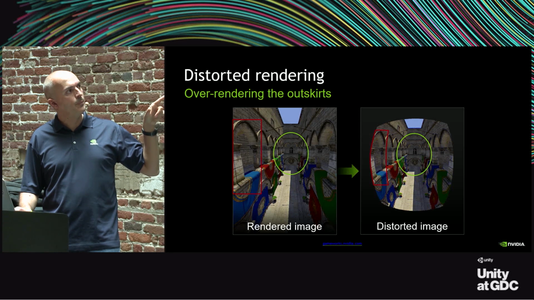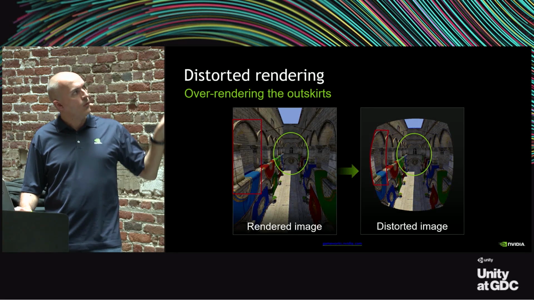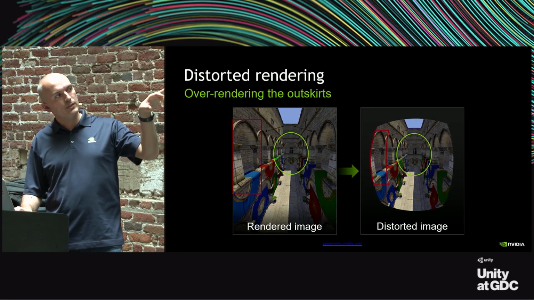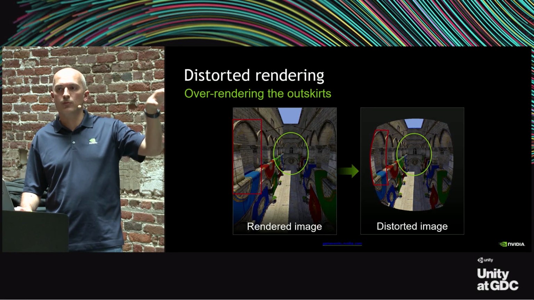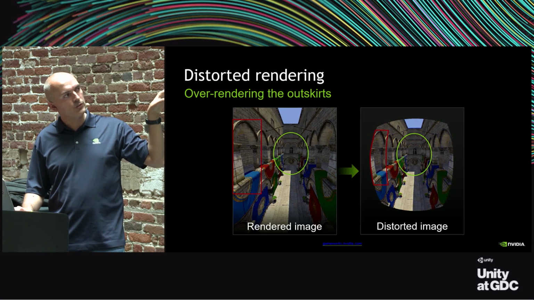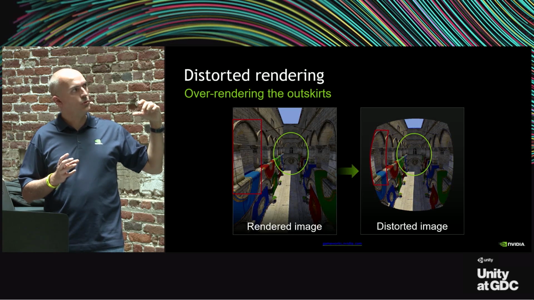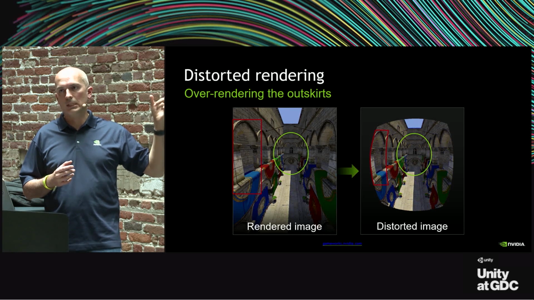But if you pay attention to this area on the edge on the left, marked with the red rectangle, once that gets distorted, normally in a post-processing effect before it gets presented to you on an HMD, you can see that this area is first skewed and it's significantly smaller. So you are basically over-rendering in this area.